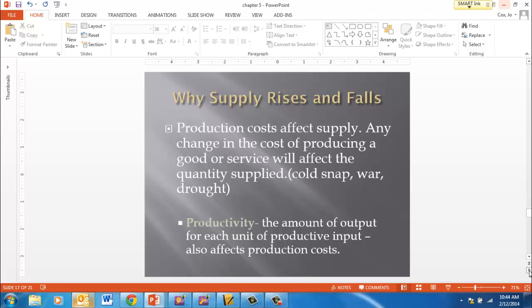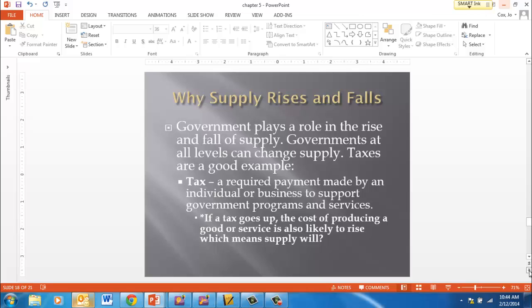And if there is, whether it be through a drought, a climate change, some type of cold snap, war, or taxation, if there is a change in the price of producing a product, then it is going to change the production cost. And again, as a review, we have a definition here for productivity that we will continue to talk about throughout economics. And again, as a supplier, your number one goal other than profit is to be as productive as possible. That's going to help your profit.